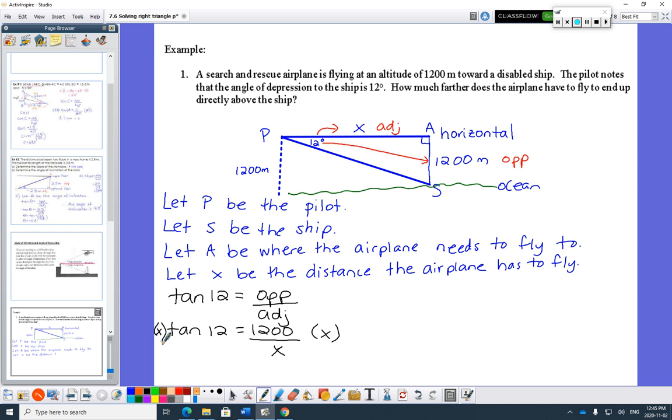This is adjacent, and no, you can't do 90. You could use this one if you did 180 minus 90 minus 12, but then they'd both be beside it, and which one's opposite? Doesn't work.